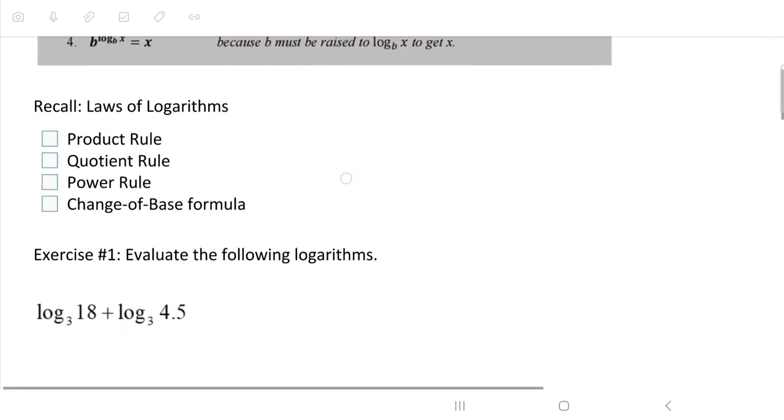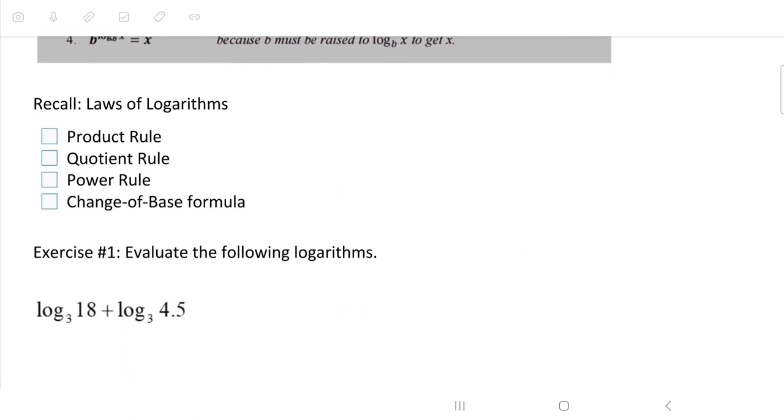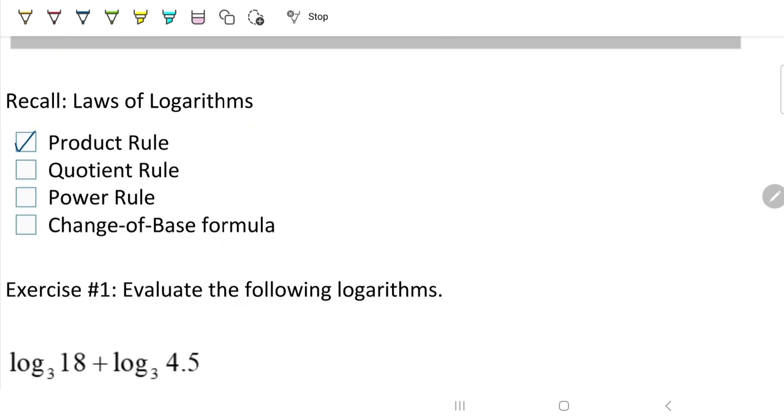Okay? In the past video, we have discussed the following laws. We have first the product rule. So the product rule states that when we have two logarithms, let's say log of m, and then we add it to another logarithm which is log of n, if they have the same base, so let's say this is base b, this is also base b, to combine these logarithms into a single one, we can multiply or get the product of the arguments.